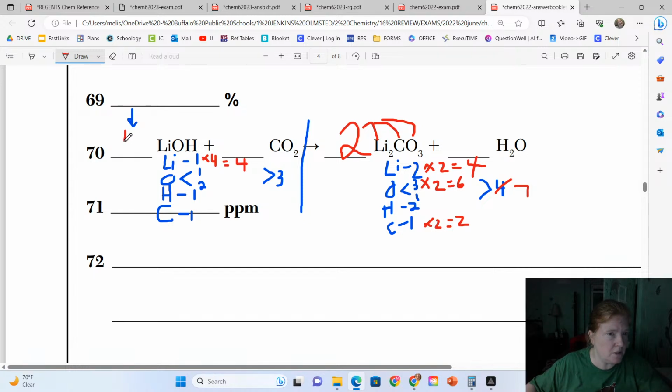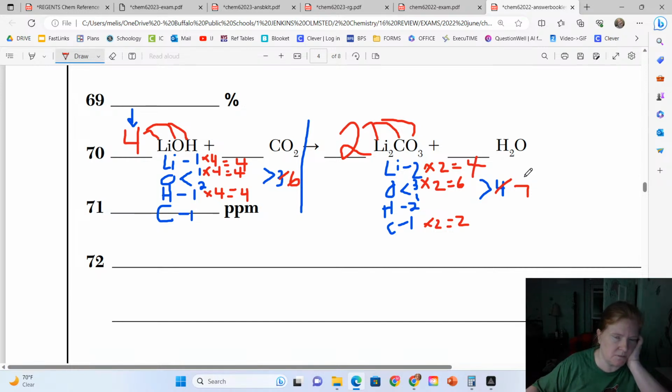So put the 4 here, but I have to distribute it, right? So it's the lithium, which I did, this first oxygen, so now that's 6, and the hydrogen. Okay, so I fixed lithium, perfect.